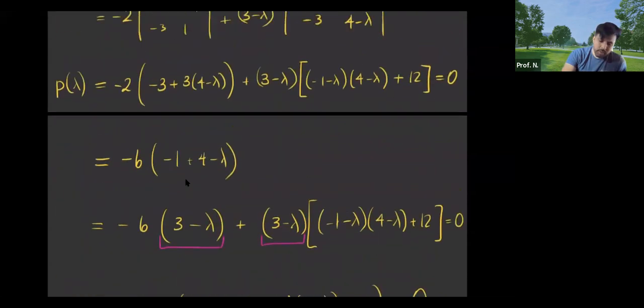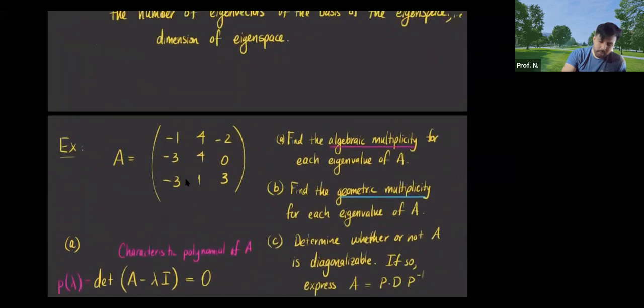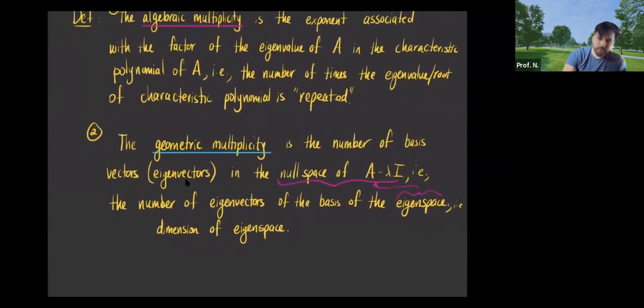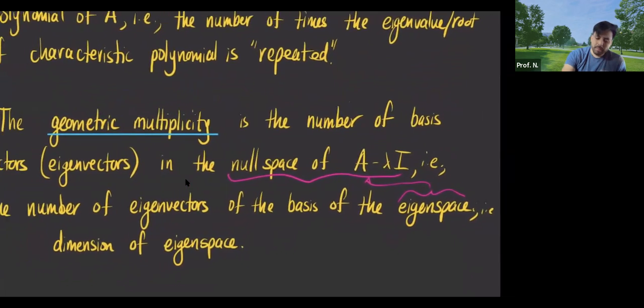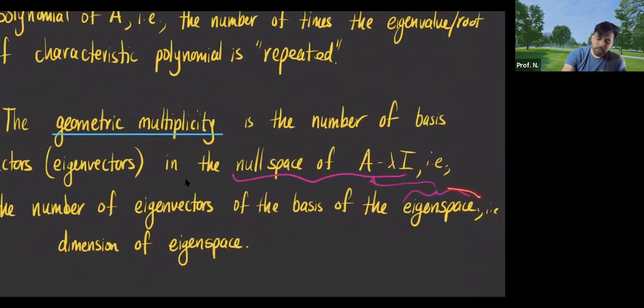If you don't know, then let's go back to what I mentioned here. The eigenspace of a matrix is the null space of this matrix A minus lambda I.